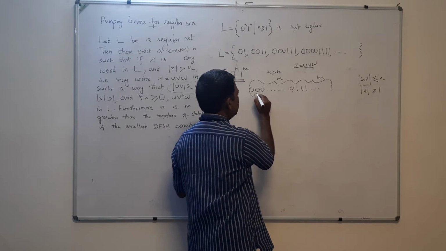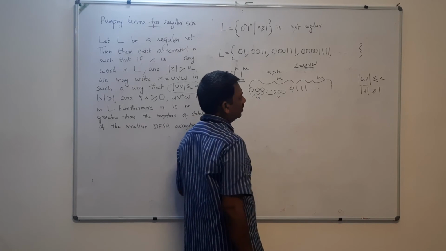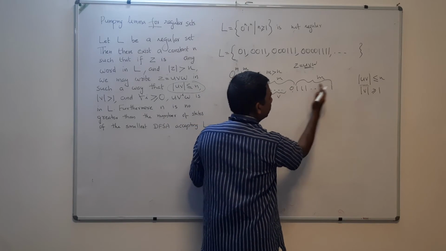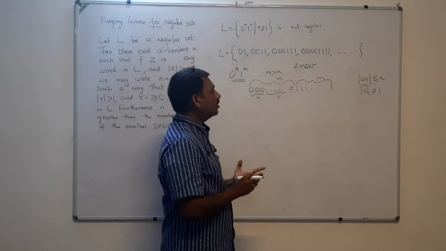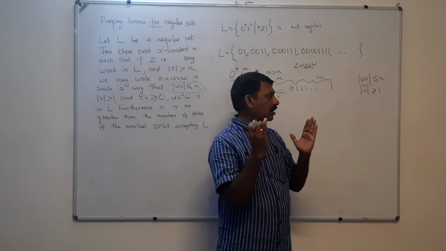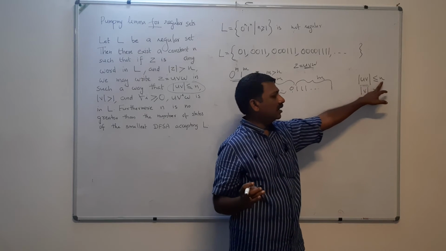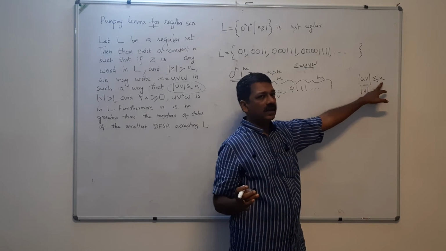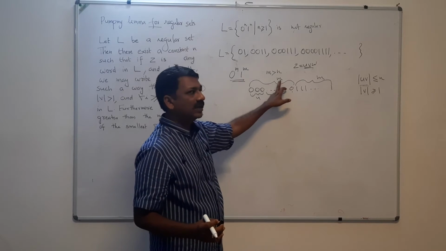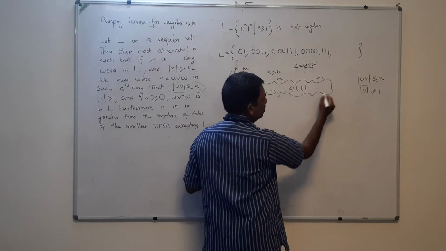Suppose that this is u and this is v. It cannot go after this. Why? Because modulus of uv, clubbing u and v together, should not be greater than n. But m is greater than n, that means this is w.